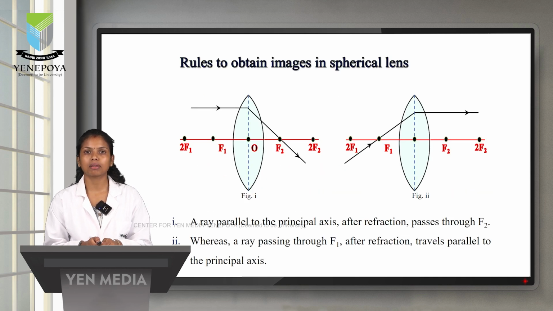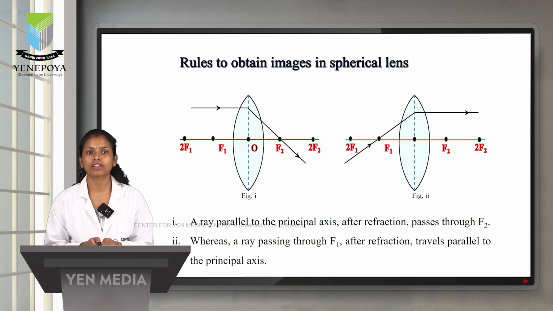Rules to obtain images in spherical lenses. We generally use the geometrical ray tracing concept to determine the formation of image in lenses, for which we need to know certain rules or specific paths followed by certain characteristic rays.